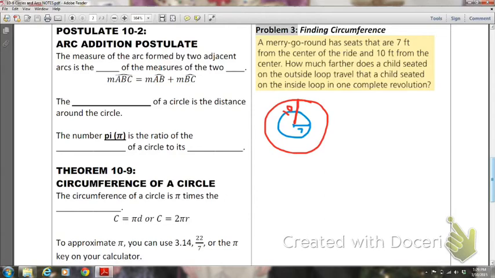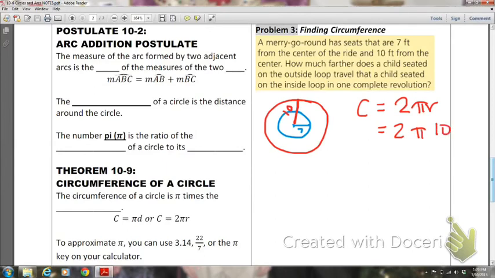So you just need to find the circumference of each of these circles and find the difference to see how much longer the circumference is on that red circle than the blue one. So circumference is 2 pi times radius since they gave us radius in the problem. So on that outside circle we have 2 times pi times 10.